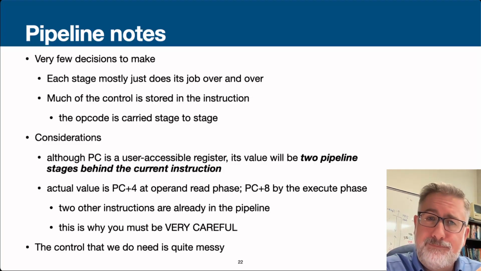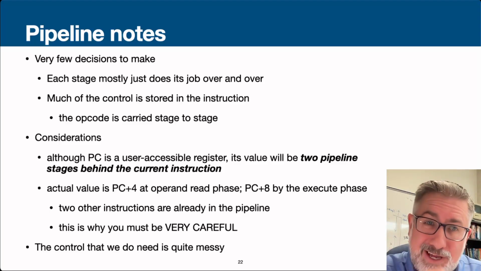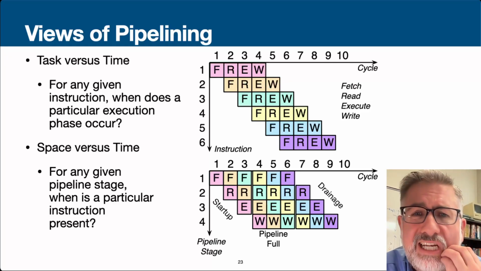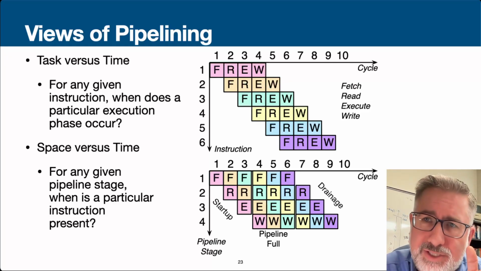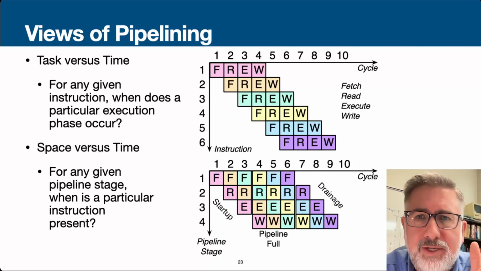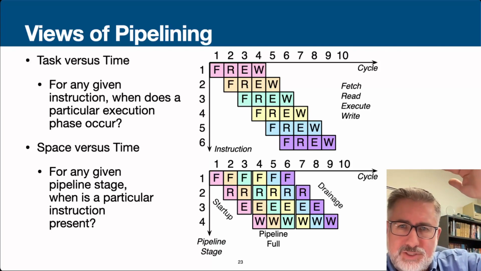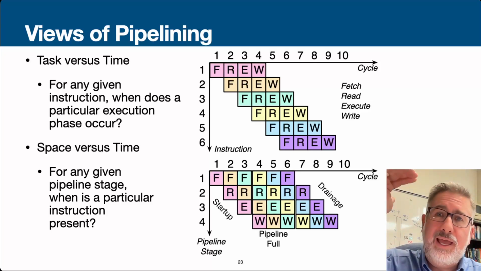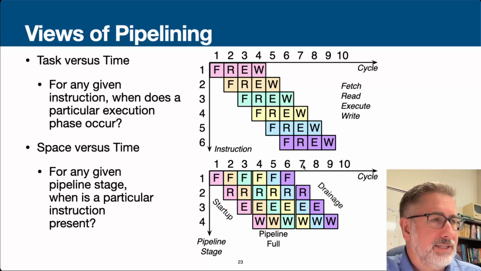So that's fine. Let's look at the theoretical aspects then of how we represent instructions that are flowing through the pipeline. There's 2 different ways to look at this: task versus time and space versus time. The task versus time takes the instruction number, which instruction we're executing, and goes downward like this. So instruction 1 is executing here, instruction 2 is executing here.